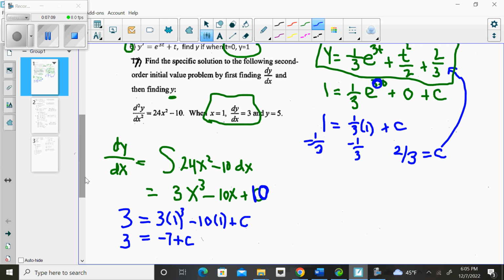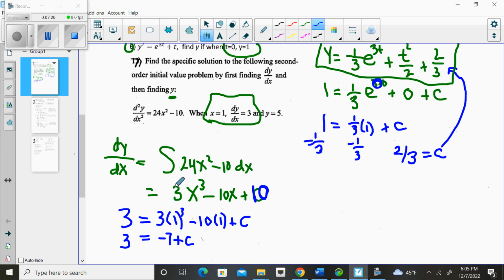Wait, my apologies. What did I do wrong? You know what? I think there's actually a mistake on my answer key. No, I'm sorry. I made a mistake right here.